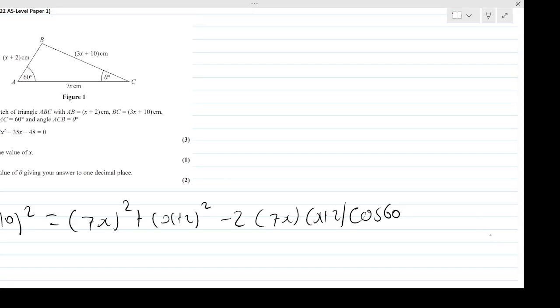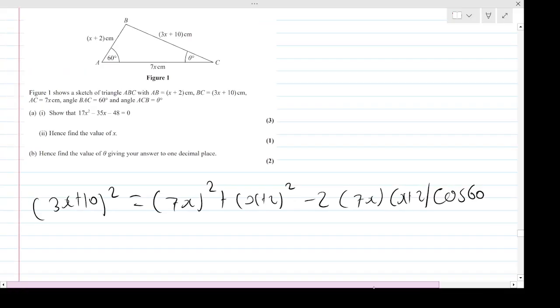Okay, so then I can expand all this. Firstly, 3x plus 10 all squared. Again, that's not the nicest bracket. You could do it to the side somewhere if you wanted to: 3x plus 10 times 3x plus 10, and expand it term by term, if it makes it more comfortable.